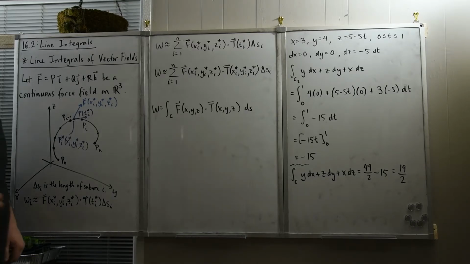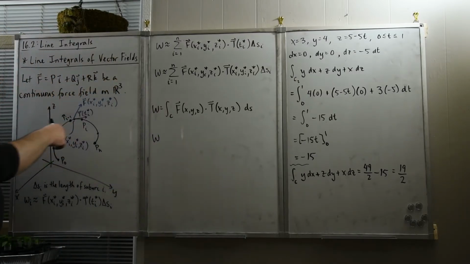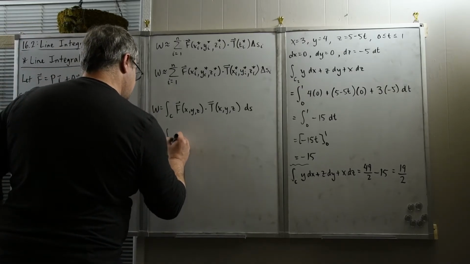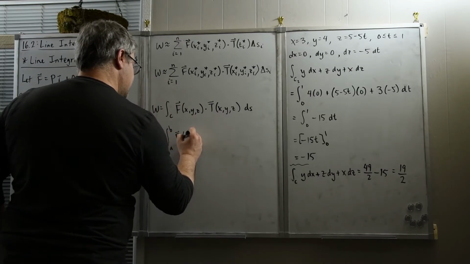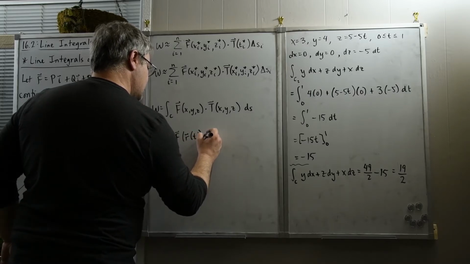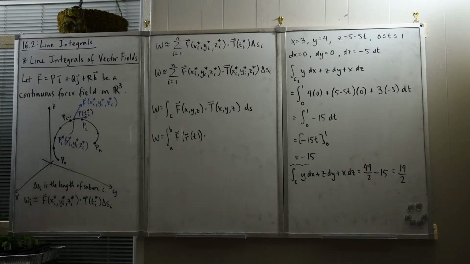If you think about the fact that this curve could be represented by some R of t equals x of t, comma y of t, comma z of t, then you could say that W is equal to the integral from a to b of F of R of t dotted with, well, think about this unit tangent vector.